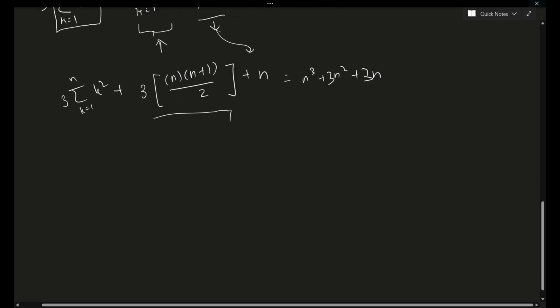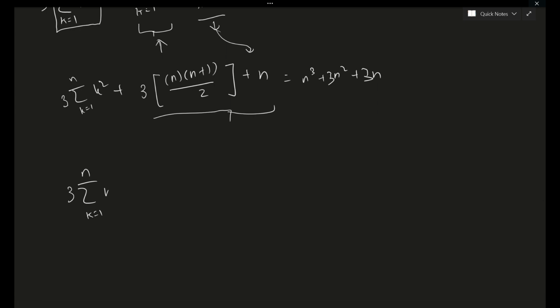Now I'm going to expand this whole thing. This is basically 3 over 2 n squared plus 3 over 2 n plus n, equals n cubed plus 3n squared plus 3n. Now I'm going to subtract from the left hand side and the right hand side of the equation 3 over 2 n squared plus 3 over 2 n plus n, so I can get rid of this on the left hand side.